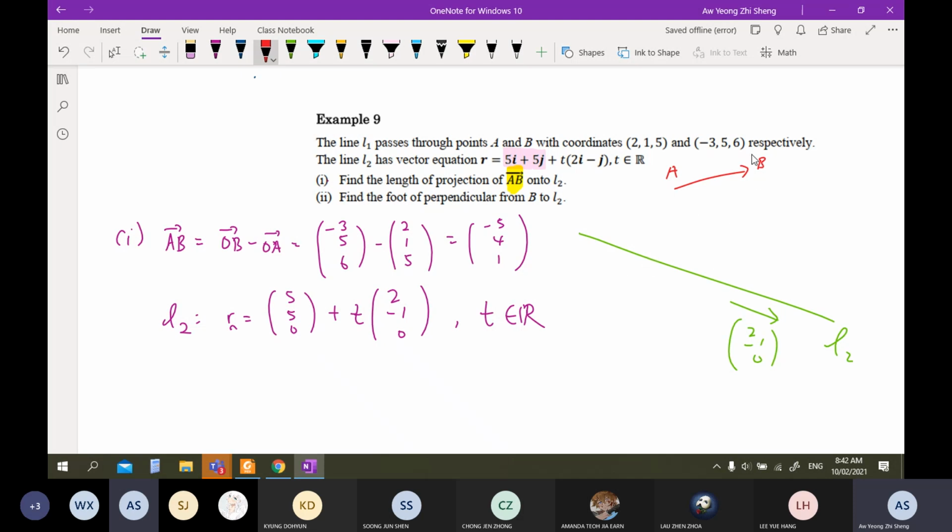I'm not sure, but anyway, let's just move it such that the vector AB has a starting point at L2. So what is this red colored vector? It is (minus 5, 4, 1). To find the length of projection, it will be this blue colored line here.